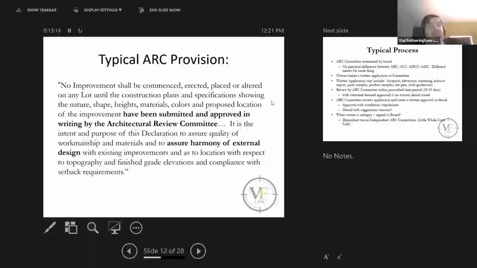I represent an association that within the last 3 years was in litigation over a retaining wall and a fence. And they have a provision kind of like this one that says you can't do anything without prior Architectural Review Committee approval.